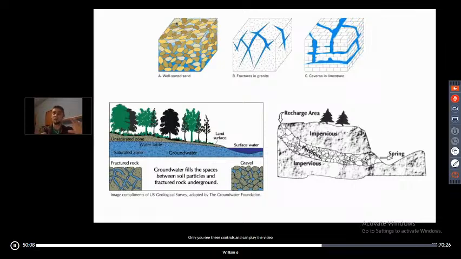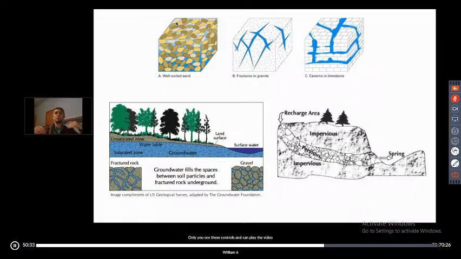That would be your underground groundwater, and it behaves quite differently than, for example, on the lower left image, where you have a water table, and you can imagine that's some kind of gravel.